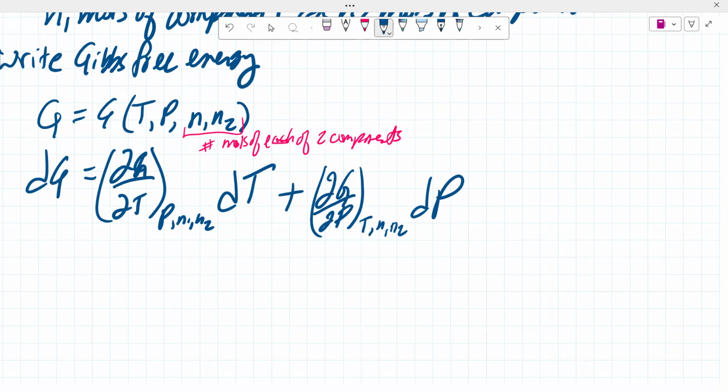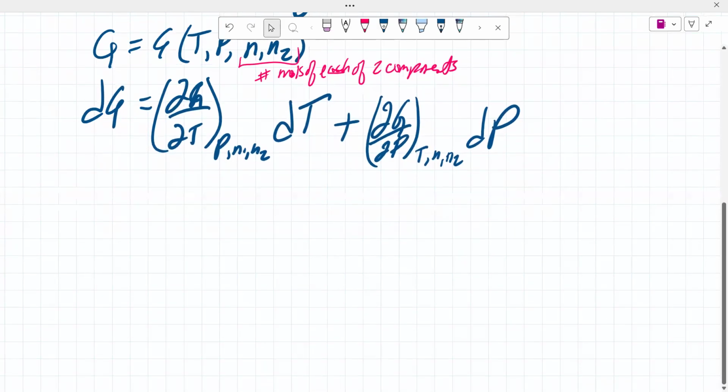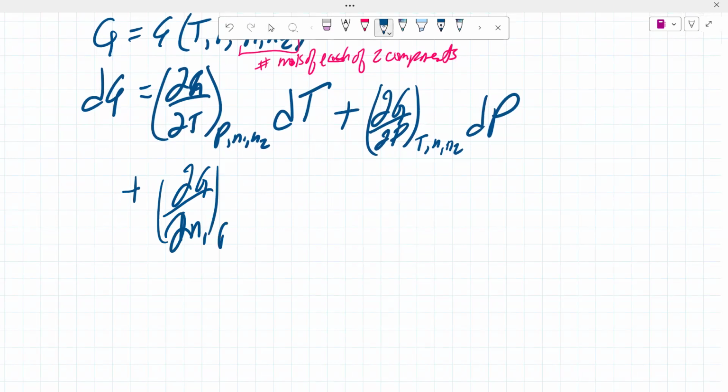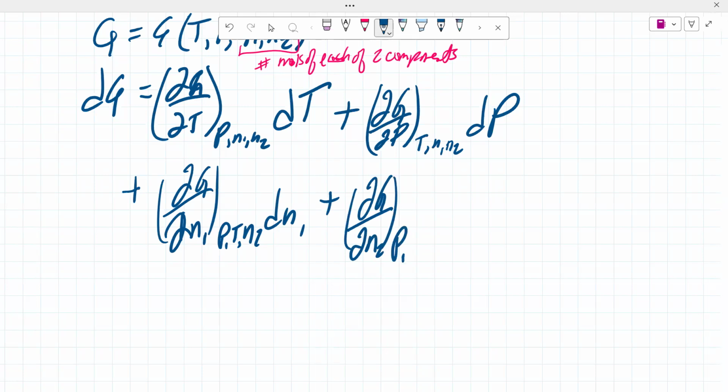And now we have the part that has the contribution for changes in moles of component 1: plus (dG/dn1) with pressure, temperature, and n2 held constant, dn1, plus (dG/dn2) with pressure, temperature, and n1 held constant, dn2.